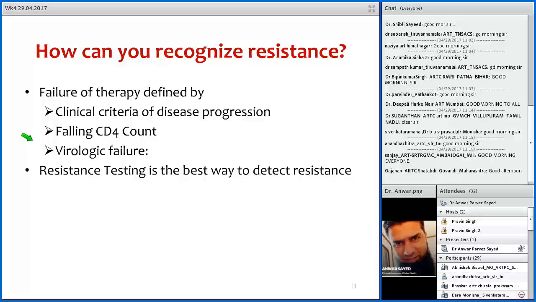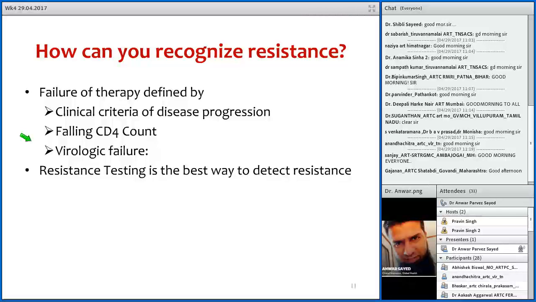But there is another way of treating patients, that is the individualized approach, where you start the patient on a 3 drug combination. And if there is regular or routine viral load monitoring, you will see the response to therapy. If the response is not good, then before shifting to the second regimen, you would like to do drug resistance testing.